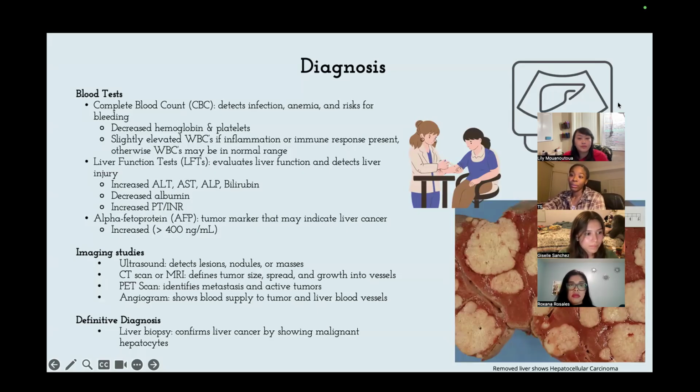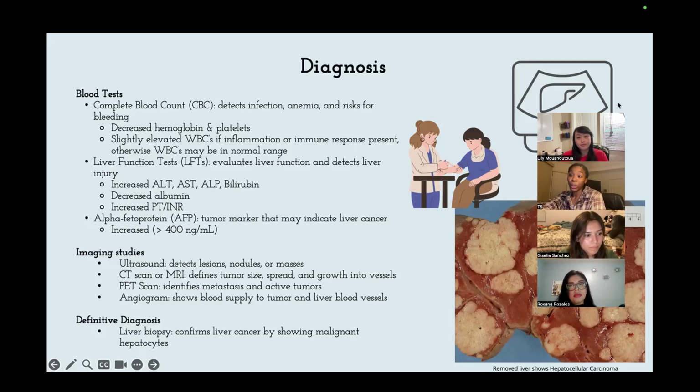They will also order liver function tests, and so you're going to see an increase in the ALT, the AST, ALP, and bilirubin due to the liver injury. Also, like I mentioned earlier, they're going to have low albumin, and their PT and INR will be prolonged because they don't have those clotting factors.